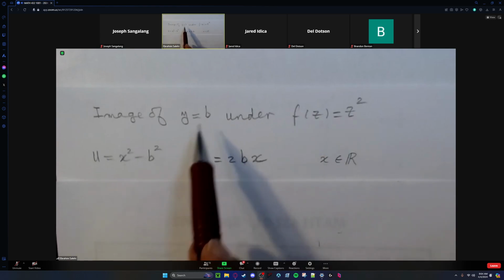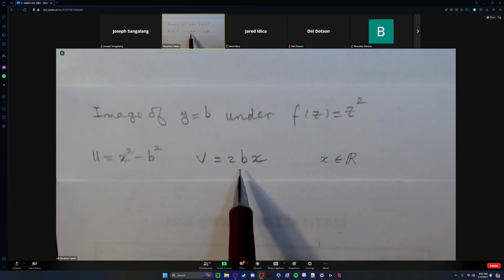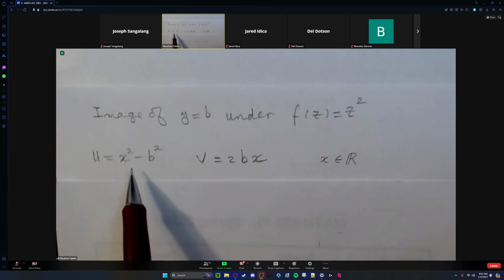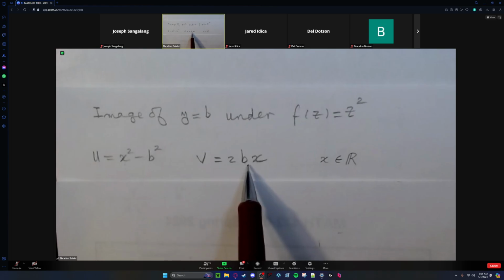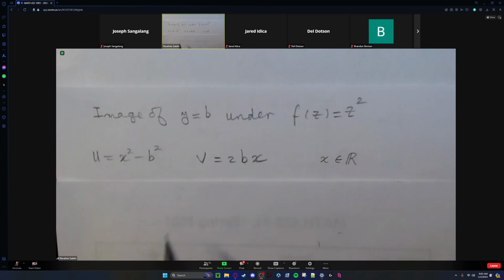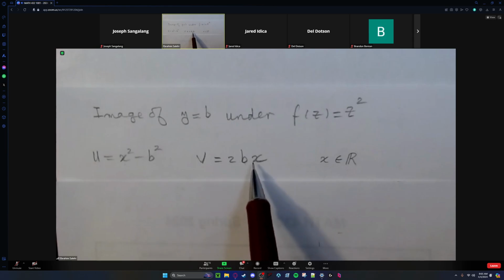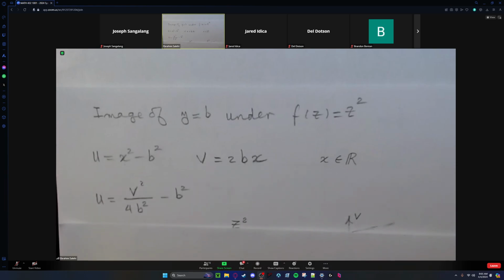We replace y equal b, we get this, which is again a parametric equation in the UV plane. The parameter here is x. If we eliminate x, this is what we get.